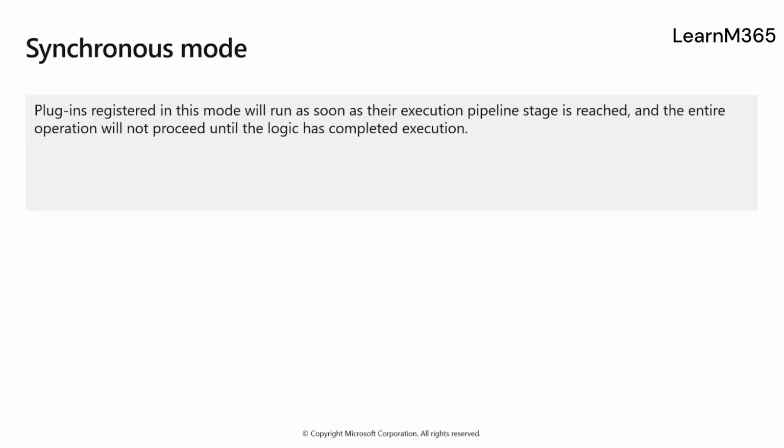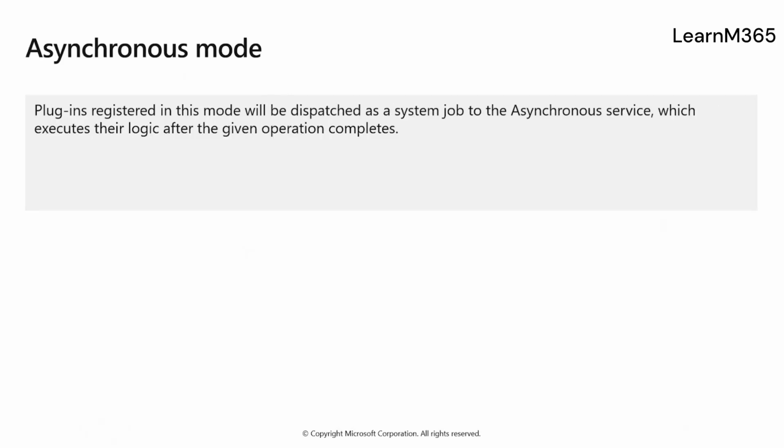So there would be an execution order column in the plugin registration tool, and with its help, it would determine which one needs to run first. The asynchronous mode: the plugin registered in asynchronous mode will be dispatched as a system job to the asynchronous service, which executes its logic after the given operation completes.